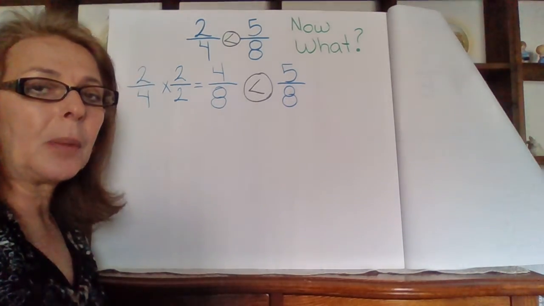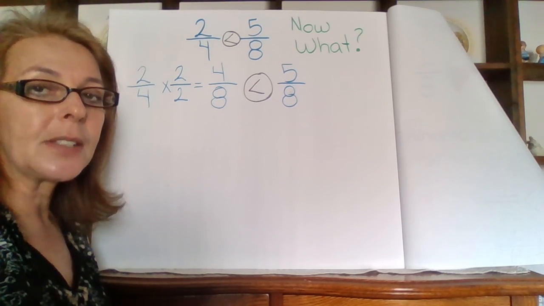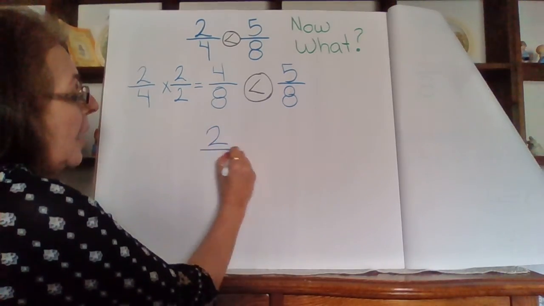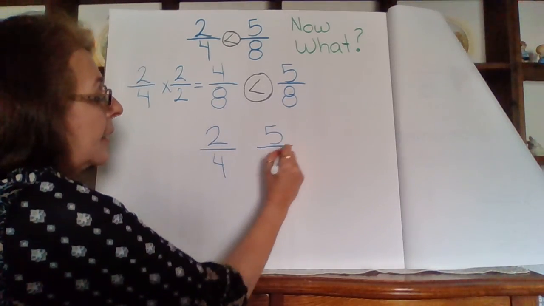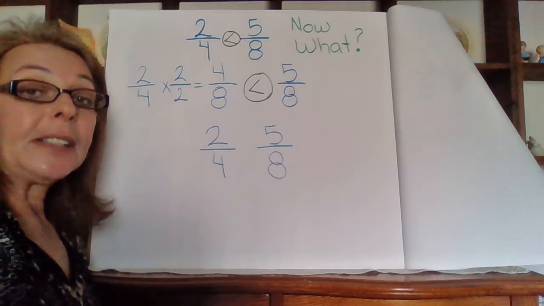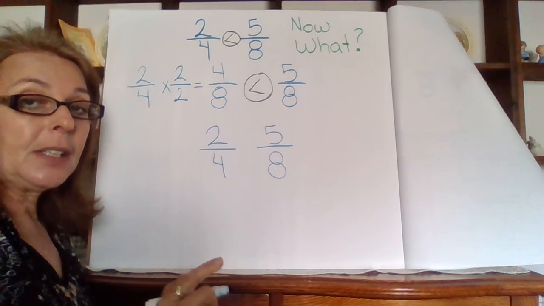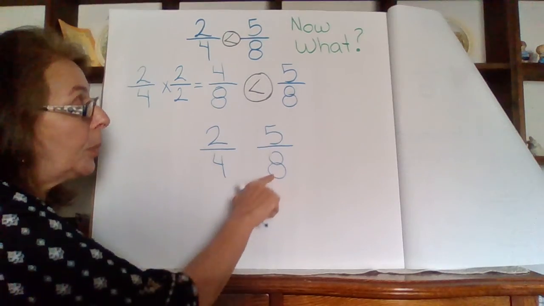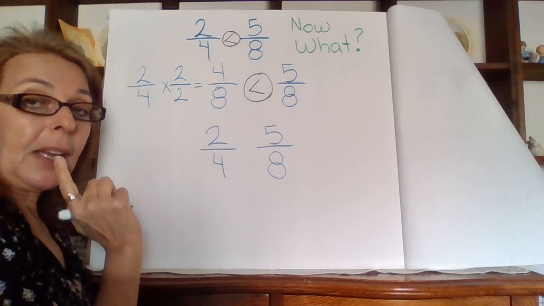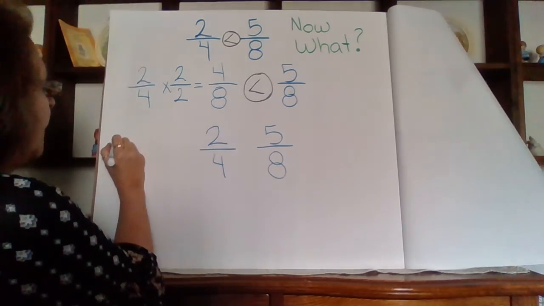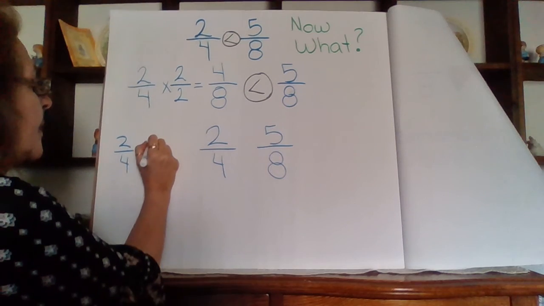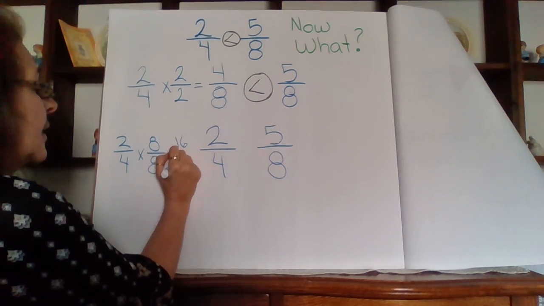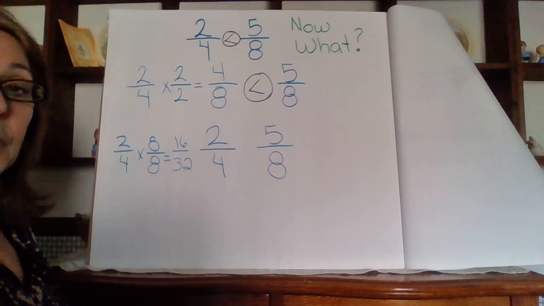But let's see if we can come up with another way that we could find how these two fractions are related. So I'm going to start again with my 2/4 and my 5/8. Another way to get a common denominator is to multiply my two denominators together. When I multiply my two denominators together, how do I get my equivalent fractions? So equivalent for 2/4, when I multiply that by my other denominator, I get 16 over 32.